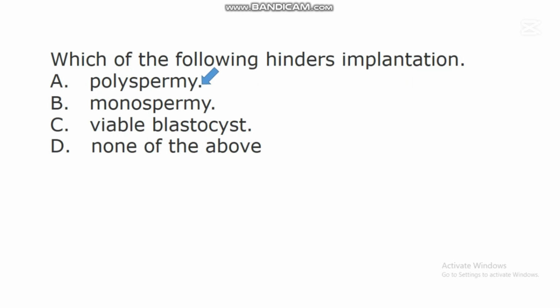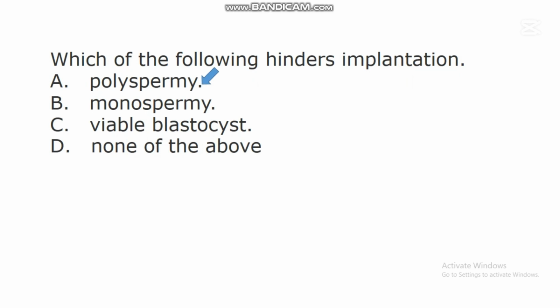So when this occurs, there will be development of a fetus with abnormal number of chromosomes, and in some cases that embryo or that fetus may even die.